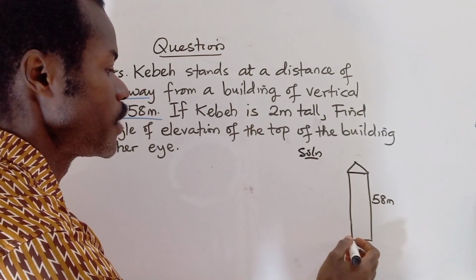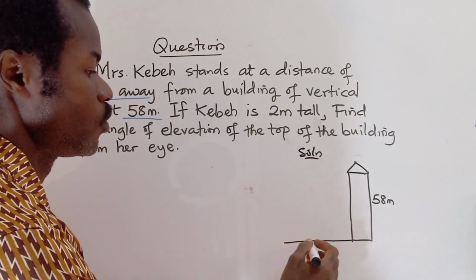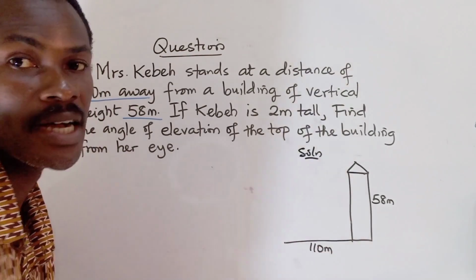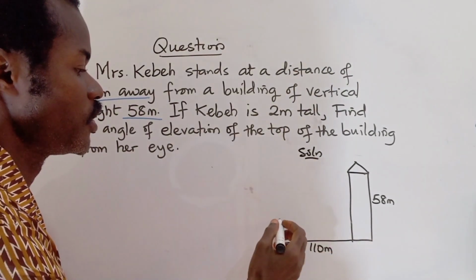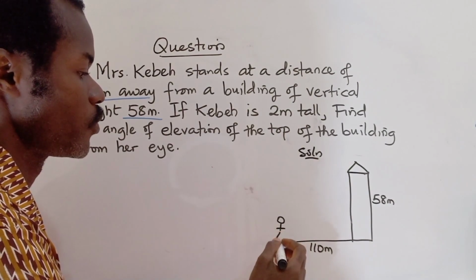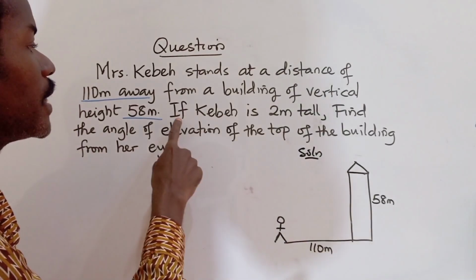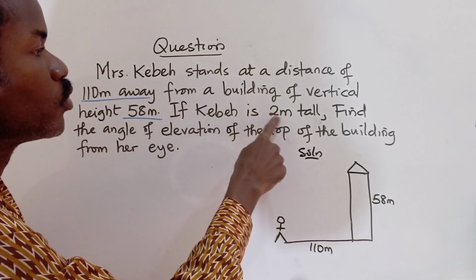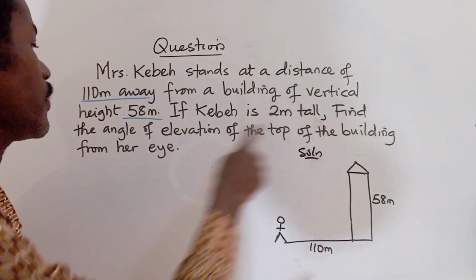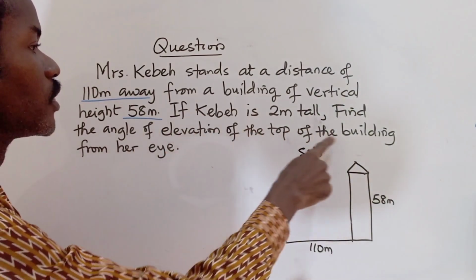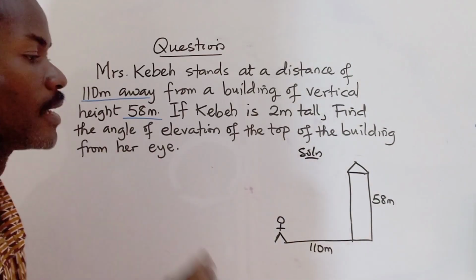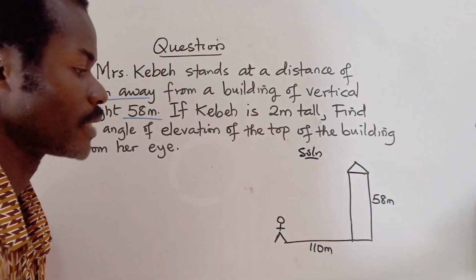That means she's somewhere, say 110 meters away from the building, and she is standing somewhere here. Now, if Kebe is 2 meters tall, find the angle of elevation of the top of the building from her eye. Okay, she's 2 meters tall.